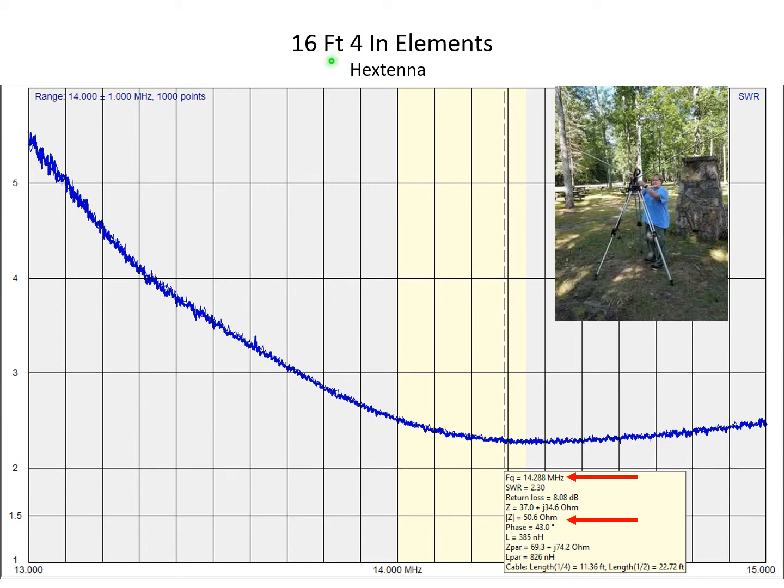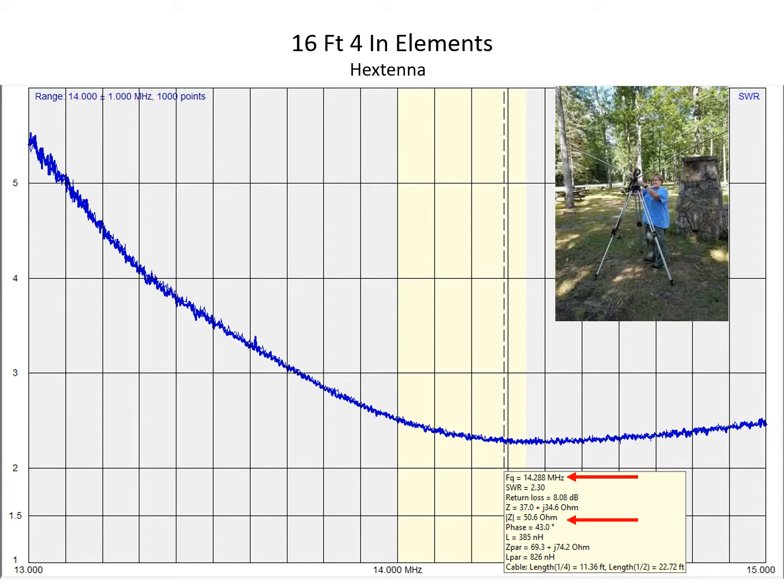And then we made a final adjustment to 16 feet 4 inches, and we got our resonant point, the lowest point on the SWR curve, much closer to the 14.288 megahertz. So that's really the primary purpose of an antenna analyzer, is to give us the data that we need to make those types of adjustments.